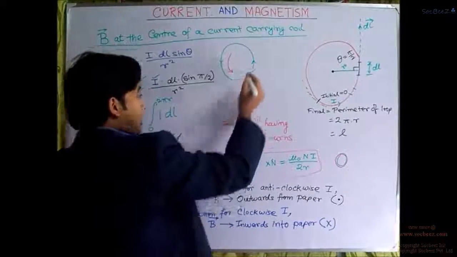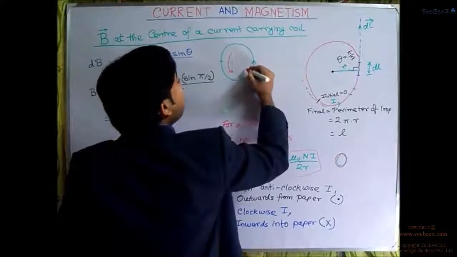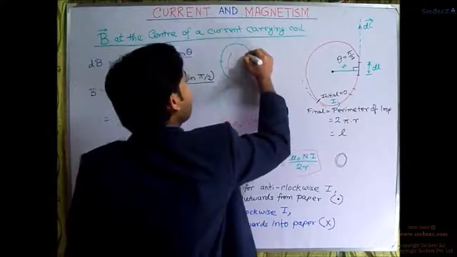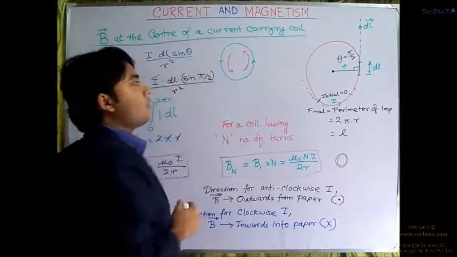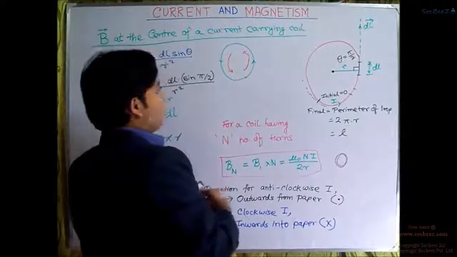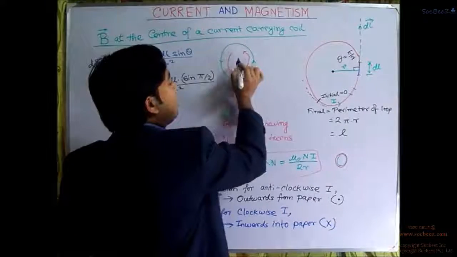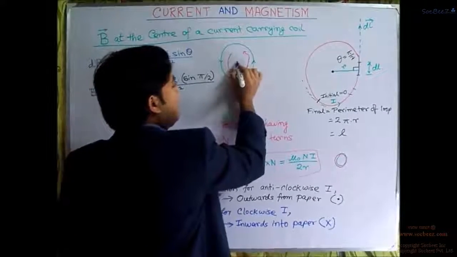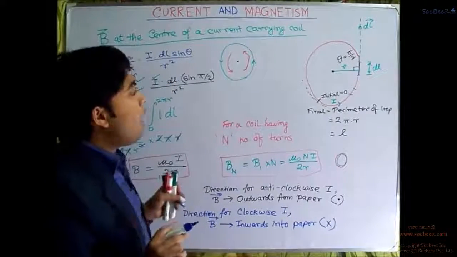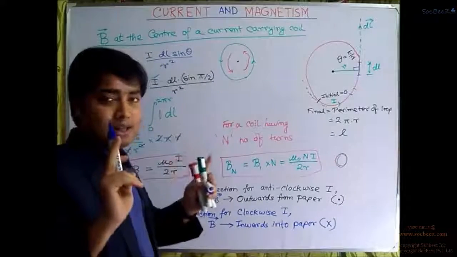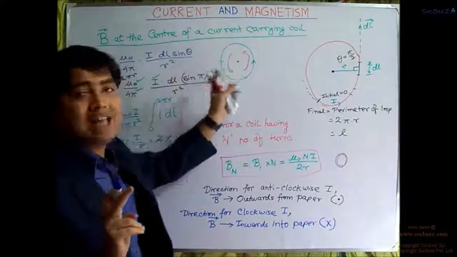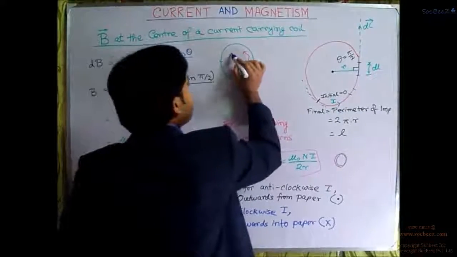Now again this is going up, we make another one inside like this. Now let us fix a point at the center of this circle. Join the two tails of these red arrows.